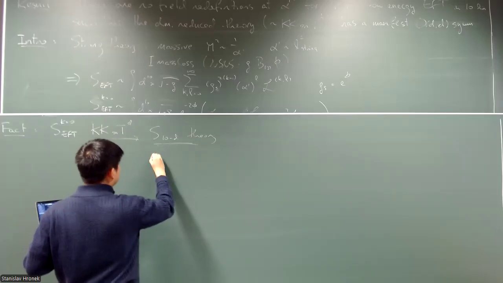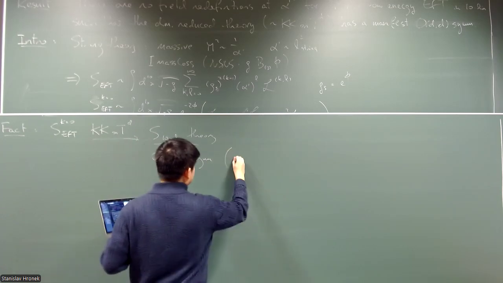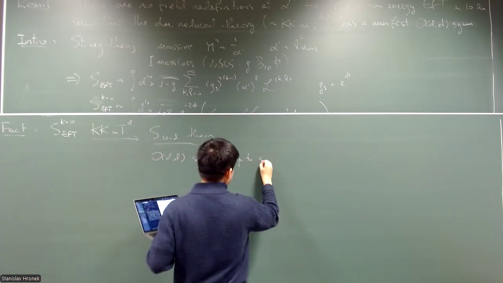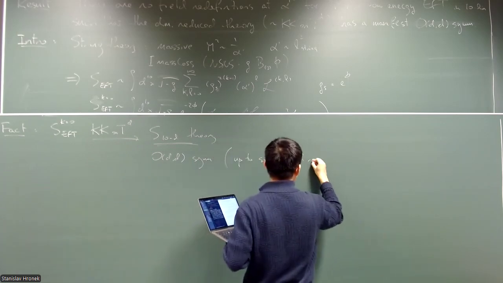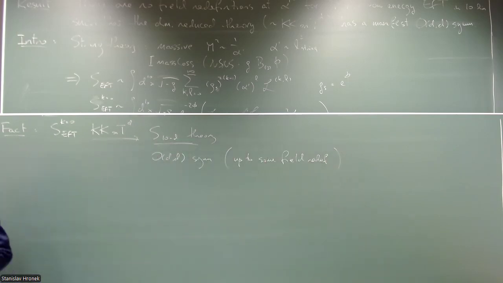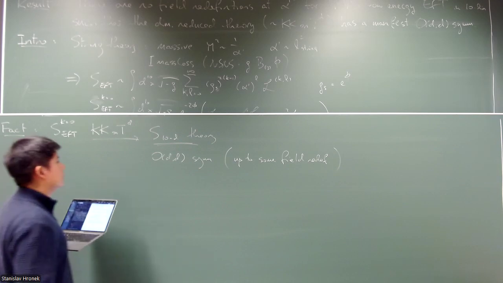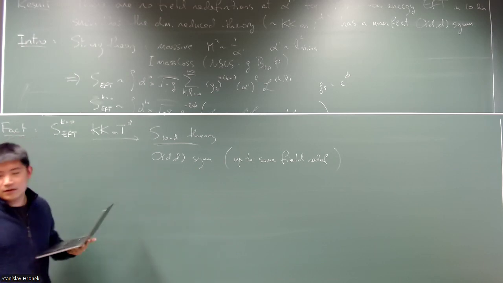This theory will have the symmetry only up to field redefinitions. What they originally showed is that the S-matrix elements have this duality symmetry. The S-matrix elements can be unchanged up to field redefinitions that don't change your S-matrix elements. That's why we allow some field redefinitions there.